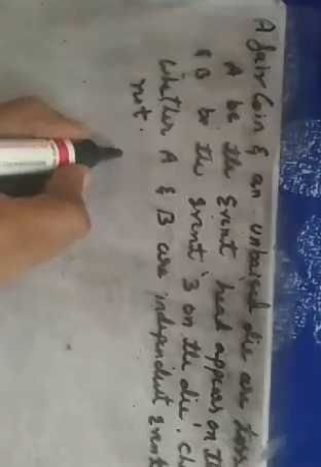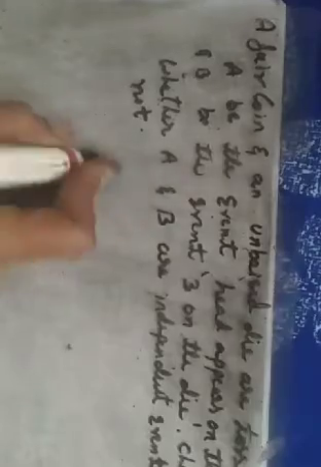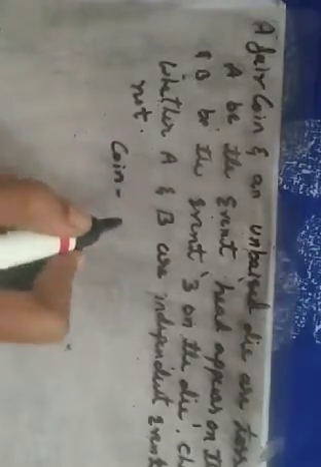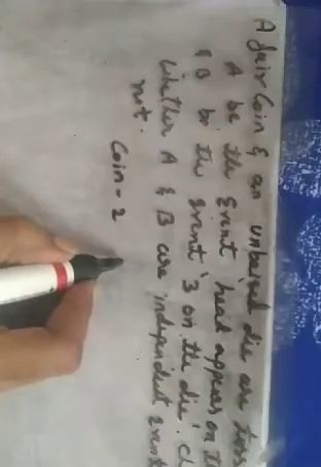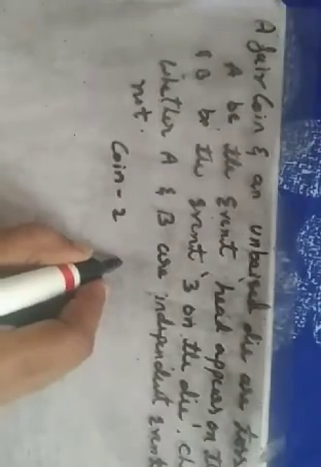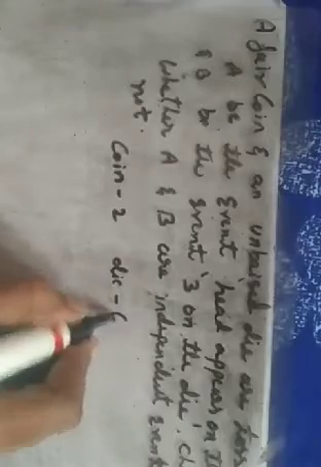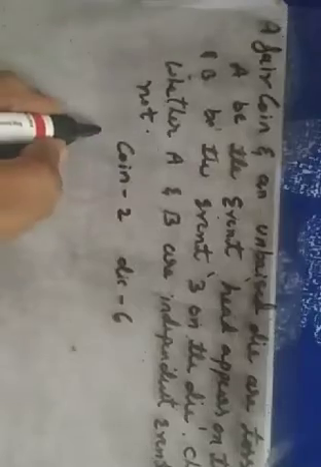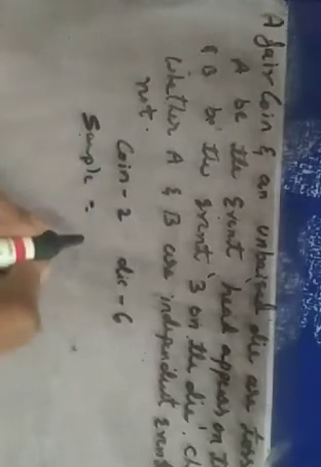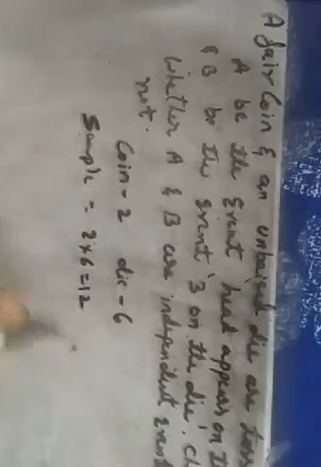They had given A and B condition. So a fair coin. The coin possibilities are 2 and die possibilities are 6. So total sample space will be 12. Assume that you are having the coin in one hand and the die in the other hand.